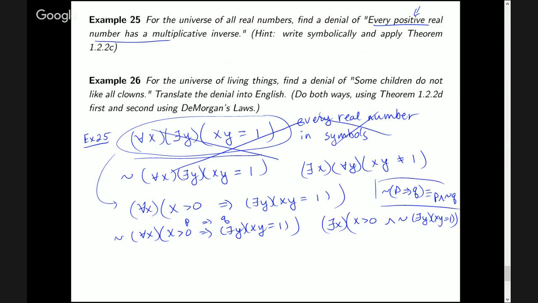So now let's do that and then it'll be done. We have x is greater than 0 and what's the negation of there exists? For all. So that becomes a for all y, x times y is not equal to 1. Yep.